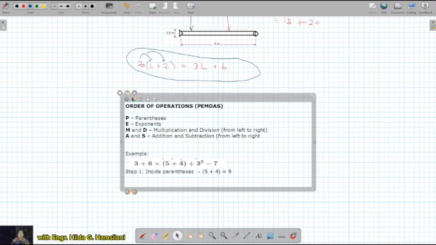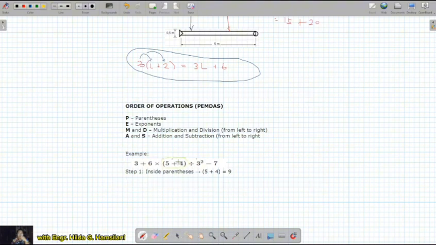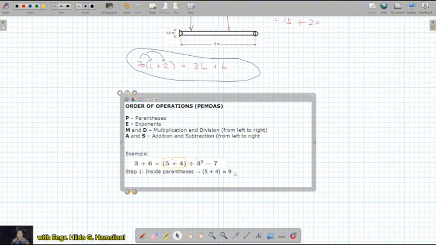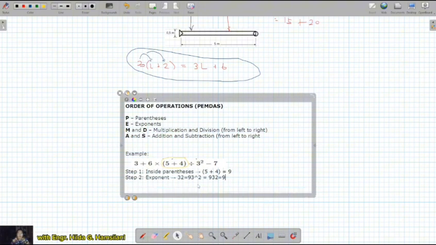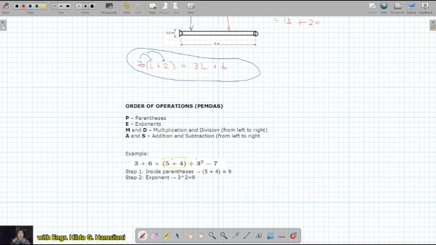So, this parenthesis here, 5 plus 4 is 9. Step 2 is the exponent. So 3 multiplied to itself is 9. So we have worked on the exponent.